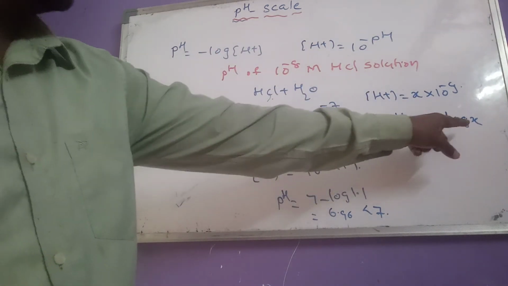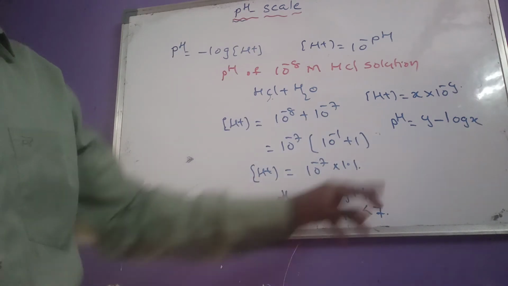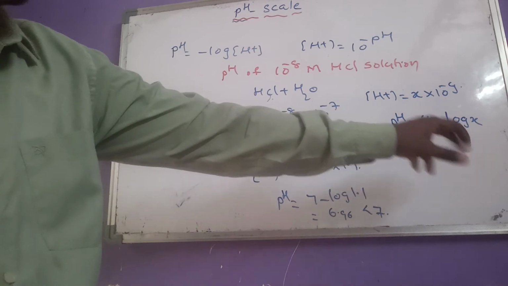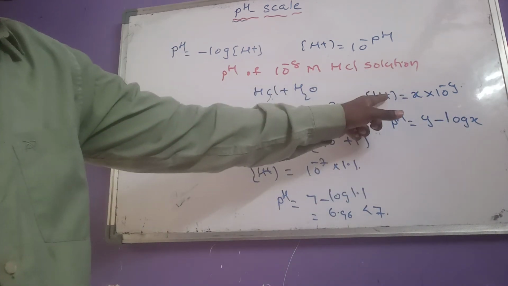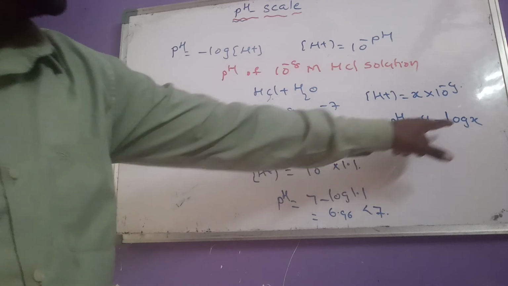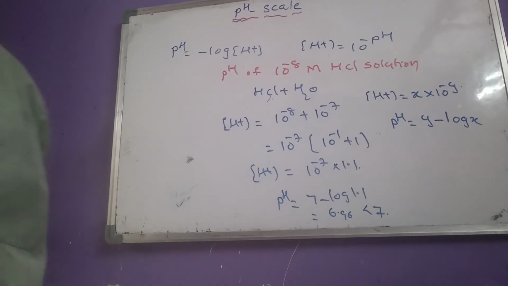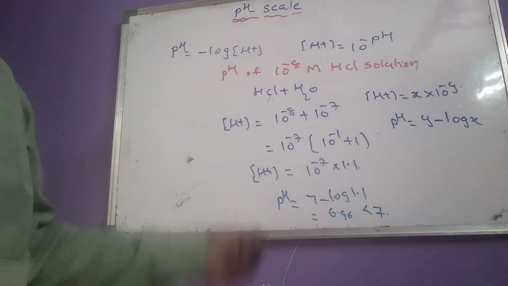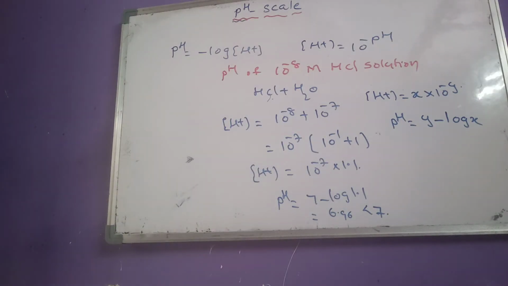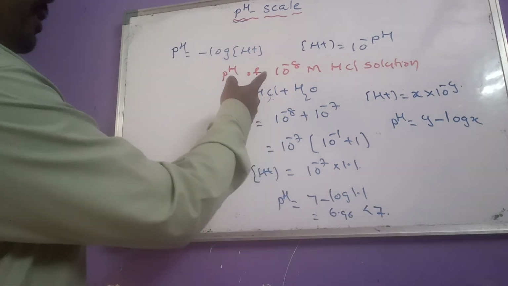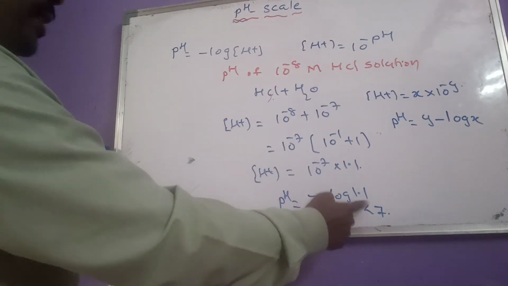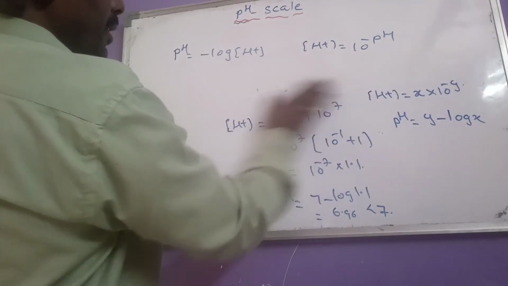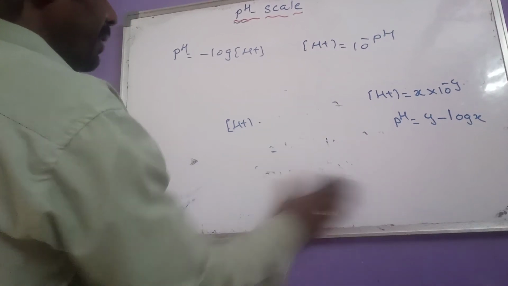Similarly, if pH is given in the form y minus log x, we convert that into H plus using x into 10 power minus y. We have to remember that, it is also important for solving pH calculations. Okay, now this answer for 10 power minus 8 M HCl is less than 7. This is the most important question for any competitive examination.